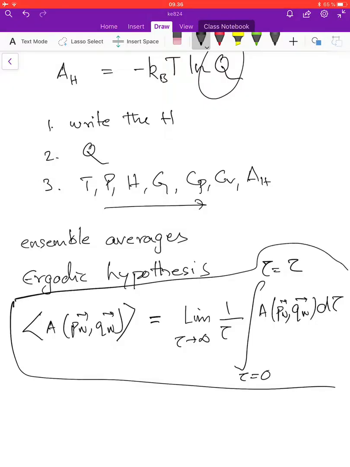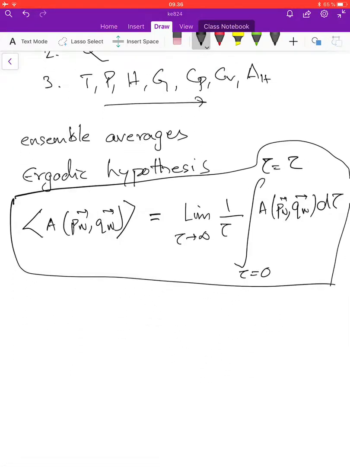And this is essentially what is done in molecular dynamics simulations. We take a system of interest, then we evolve it in time and we obtain a time average. And the ergodic hypothesis states that this time average is the same as the ensemble average. In the next lecture in class, we will discuss the basic principles of molecular dynamics.